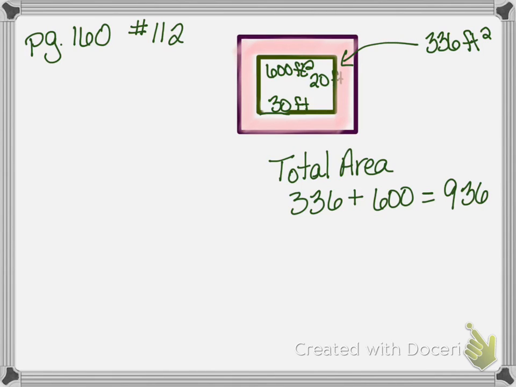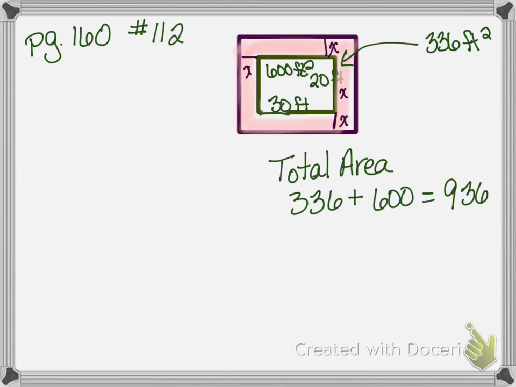Now, we don't know the width of my sidewalk, so we're just going to label it X, okay? And that X is on every single side, so that width X is the same everywhere.